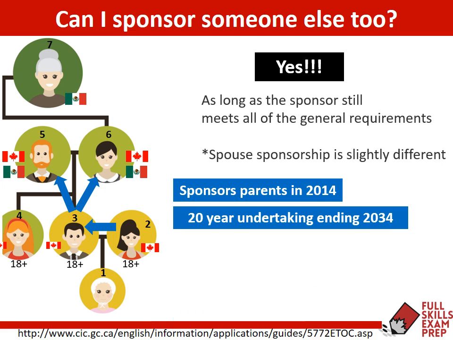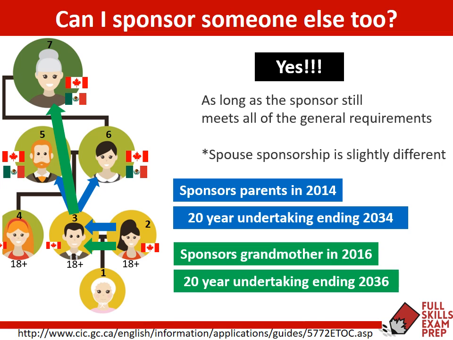So let's pretend that he sponsored his parents in 2014. Now that undertaking is going to end in 2034. But let's pretend a couple years later he wants to sponsor his grandmother. And his wife, again, co-signs with him. That's not a problem as well. So they could sponsor the grandmother in, just for an example over here, 2016. And that 20-year undertaking would end in 2036.